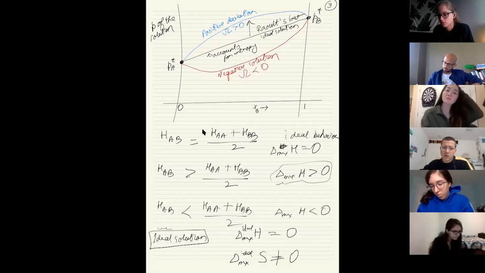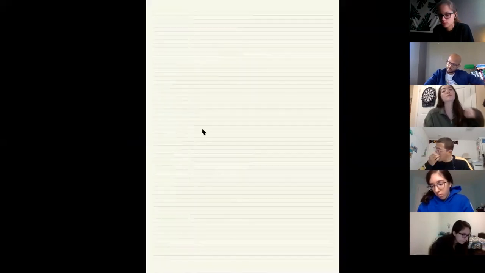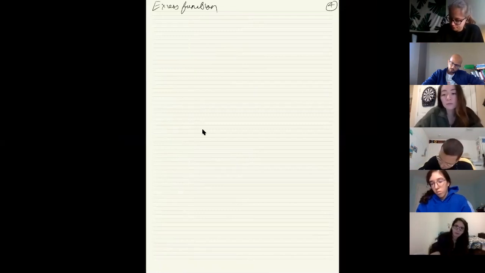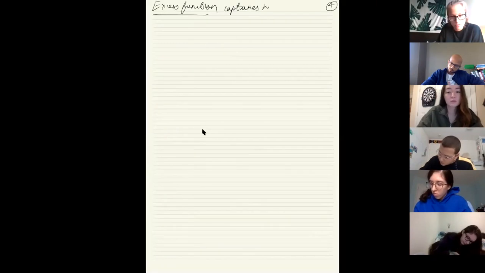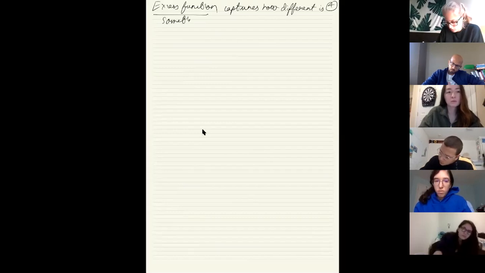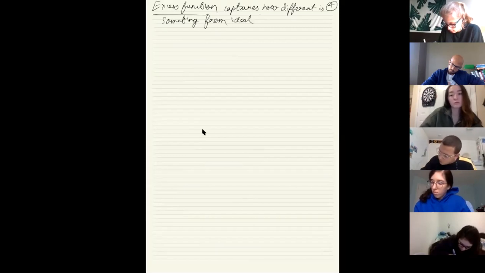Given this, the way we proceed from here is to talk about something known as the excess function. The excess function captures how different something is from ideal behavior. What does it mean? We could have any state function.